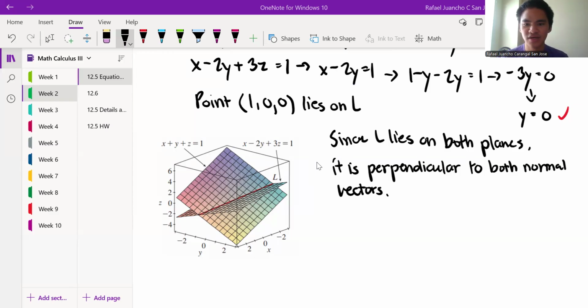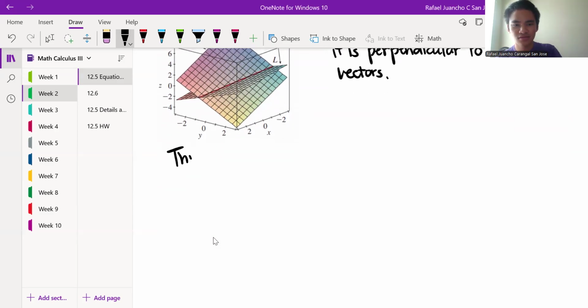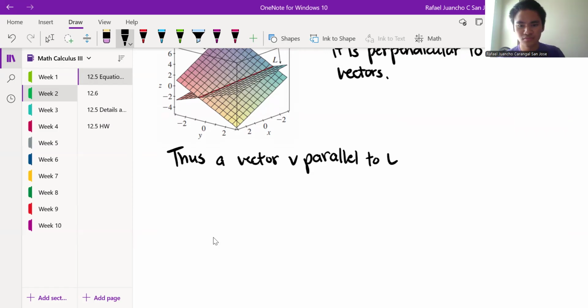And so let's name that vector V. Thus a vector V, parallel to L, is given by the cross product. You can do that.